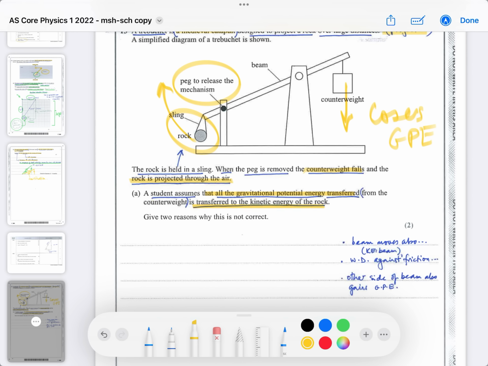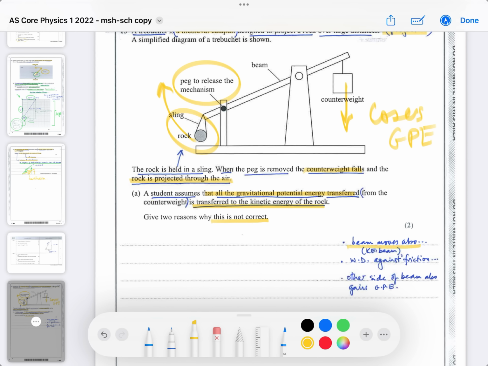But the student is not correct, because the rock also gains gravitational potential energy, though eventually it will become kinetic energy. So it's not that simple, but you do realize that it's not just the rock that gains energy.